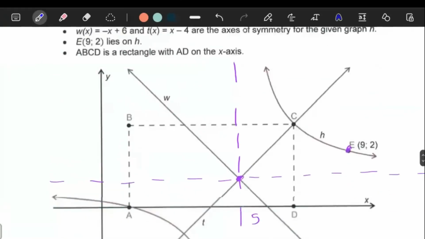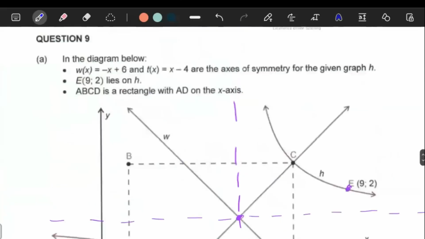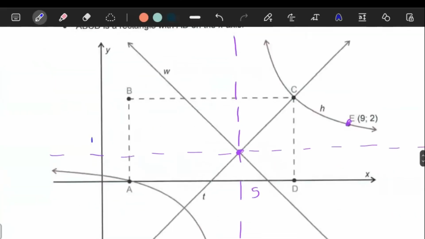So let's choose W. In the equation of W, if you put a 5 in there, the y value is a positive 1. So this has given you P, and it has also given you Q.